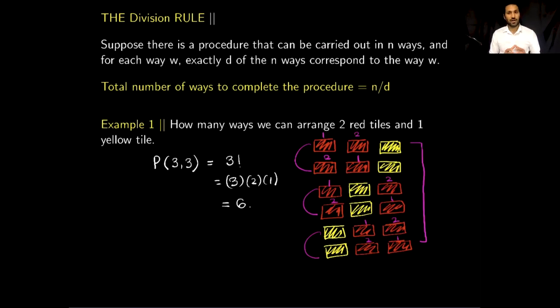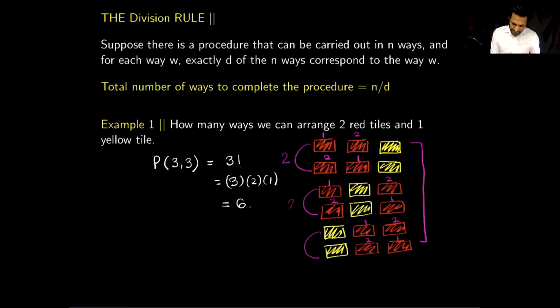Now let's talk about how we use the division rule. First we compute the total number of ways, and then we group them. In that grouping, each group collects all the repetitions corresponding to one way. For example, in this grouping there are two repetitions of red, red, yellow, because if we permute the two red tiles, that gives us a repetition.